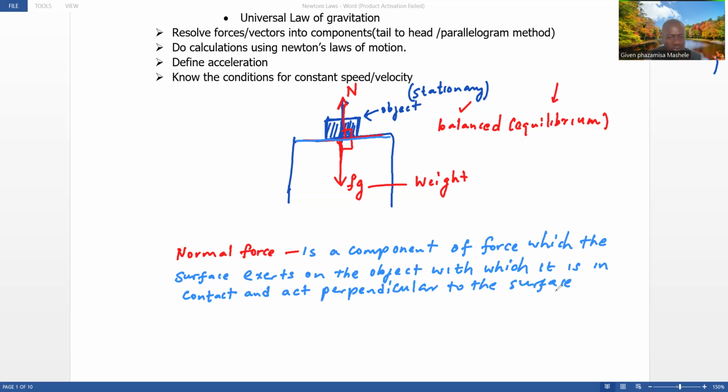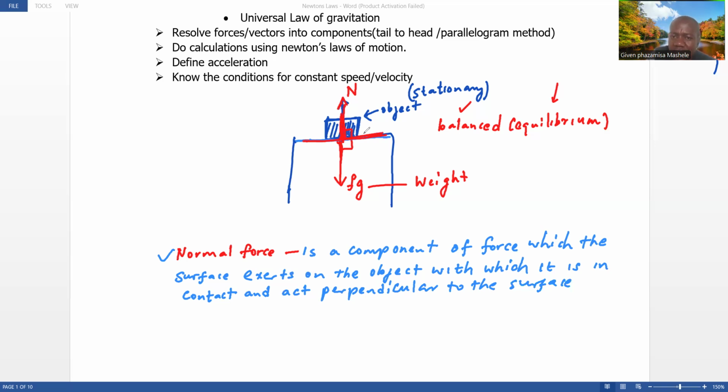So let me explain this so that you can understand. Remember I said that because the object is actually stationary, not moving, here we are going to have forces that are balanced, or forces that are in equilibrium. Now, how many forces are actually acting on this object? It's only two forces. There is a force that the surface of the table exerts on the object, but they should be in contact.